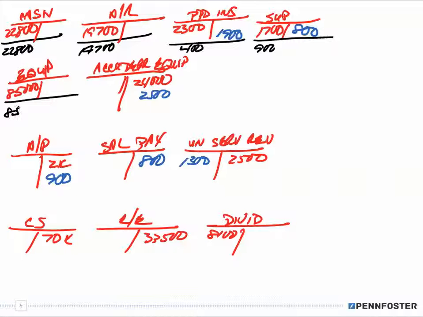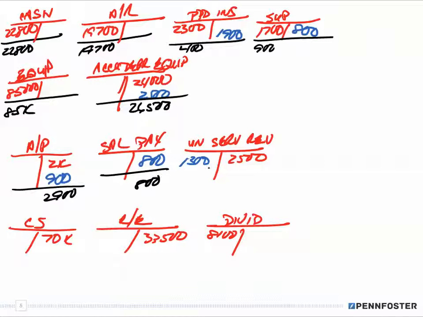Equipment is $85,000. The accumulated depreciation is now $26,500. Two credits, so we add them together. Our accounts payable is $2,900. Salaries $800. Unearned service revenue is $1,200 on the credit side, right? Because $2,500 less $1,300 is $1,200 on the credit side. Our common stock is $70,000.